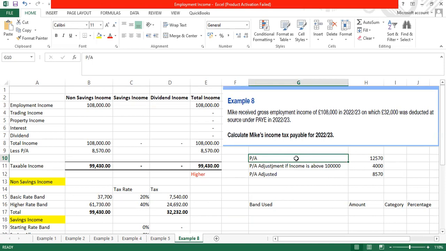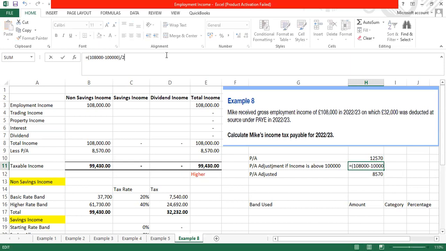The personal allowance available for 2022-23 is 12,570. Because income is above 100,000, 108,000 minus 100,000 is equal to 8,000, and then we divide it by 2 and we get 4,000 pounds.